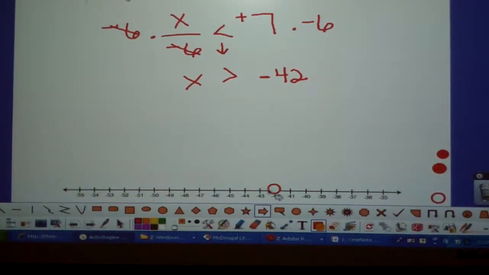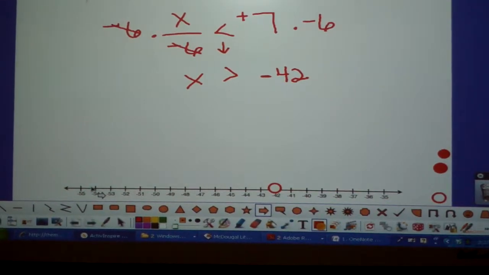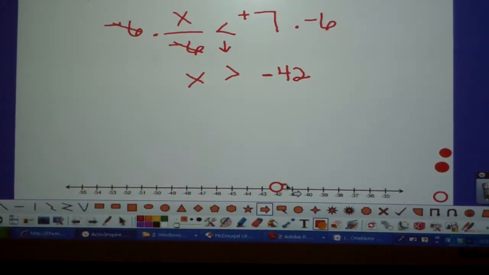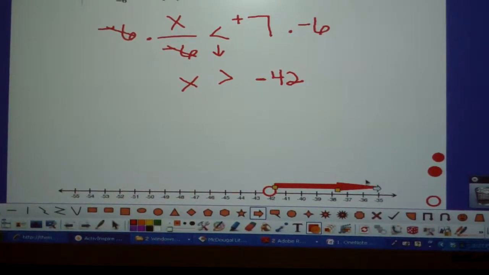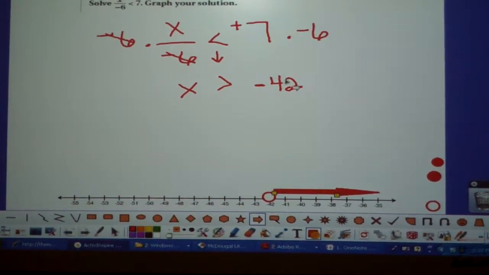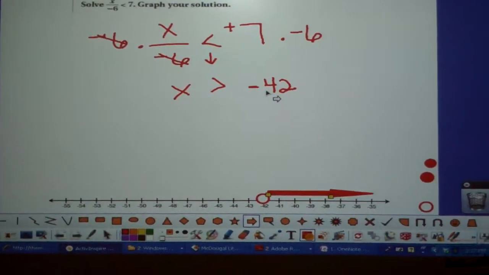When I look at my number line, anything to the left gets smaller. So I know that if I draw my arrow in this direction, everything has to be greater than negative 42. And negative 1 is greater than negative 42.